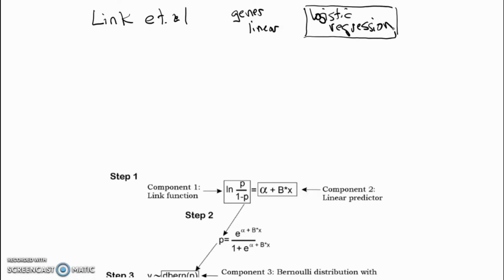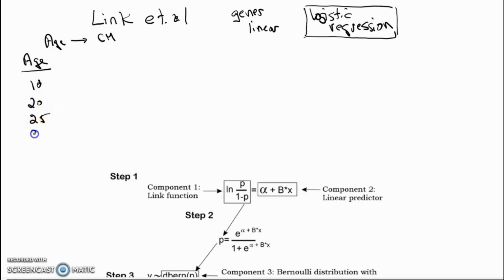So the example I'm going to use is the one we saw earlier, where we're looking at the effect of age on whether or not folks liked classical music. And so we can consider initially these four individuals, their ages 18, 20, 25, and 35.